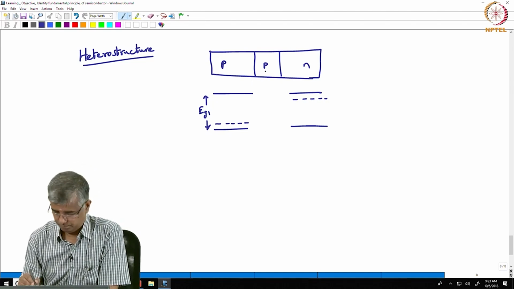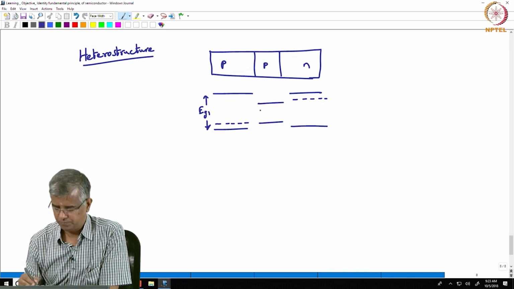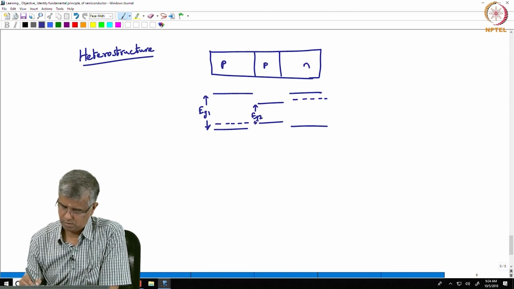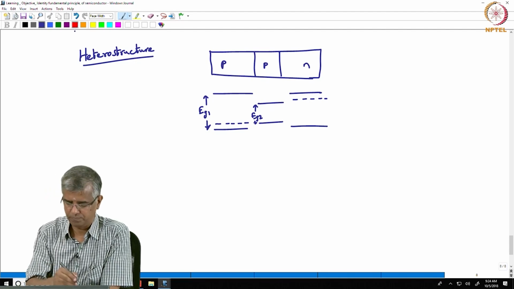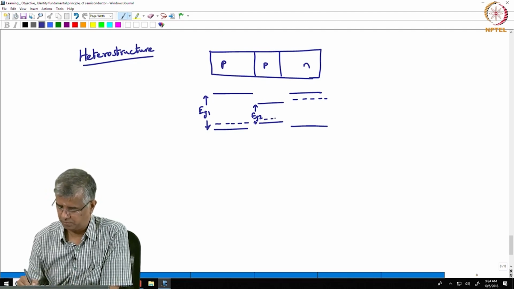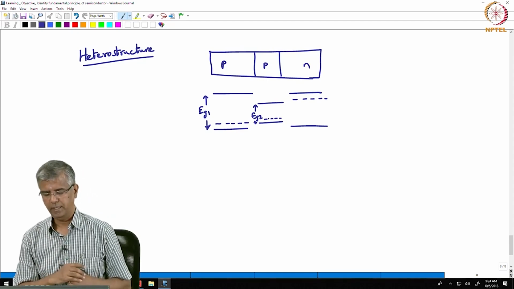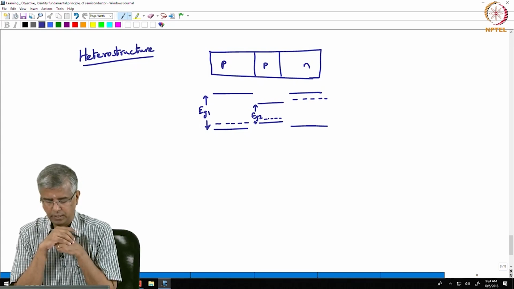But in this other material, suppose you have a band gap Eg2, suppose you have a lower band gap, and of course, it is a P type. So, the Fermi energy is going to be somewhere over here, right. If you have that, then what happens?